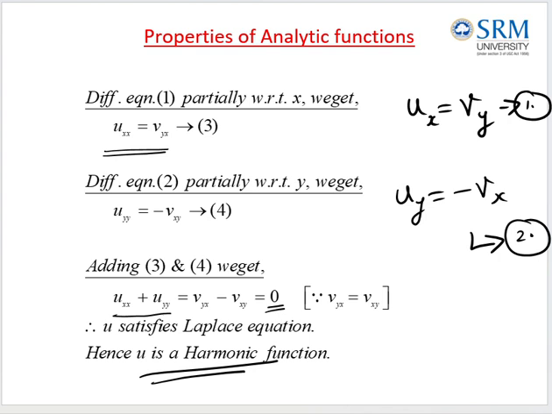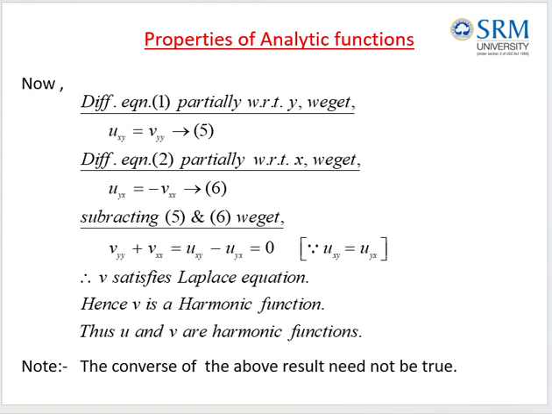Similarly, I need to prove for v, the imaginary part of the analytic function f of z. Again I go back to equation 1 and partially differentiate it with respect to y to get vyy. Then take equation number 2 and differentiate with respect to x to get vxx. Then adding these two, I check whether it is equal to 0.